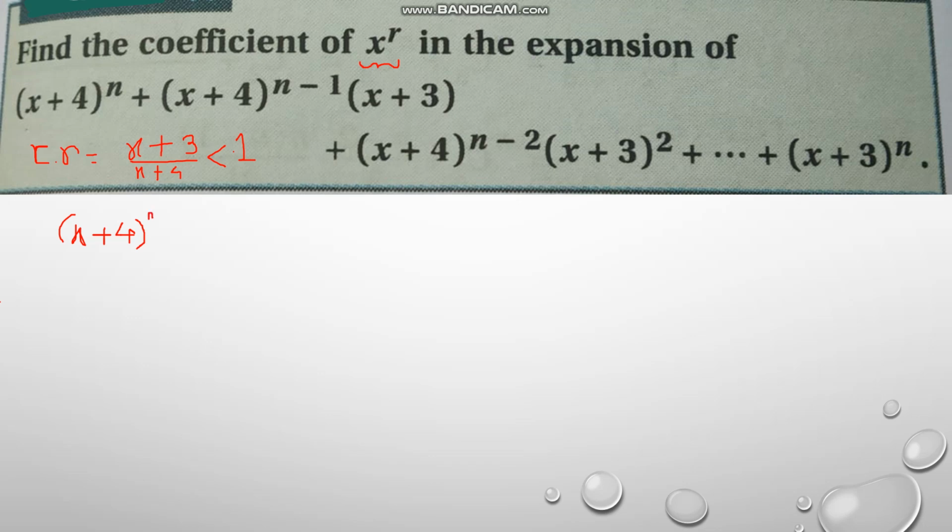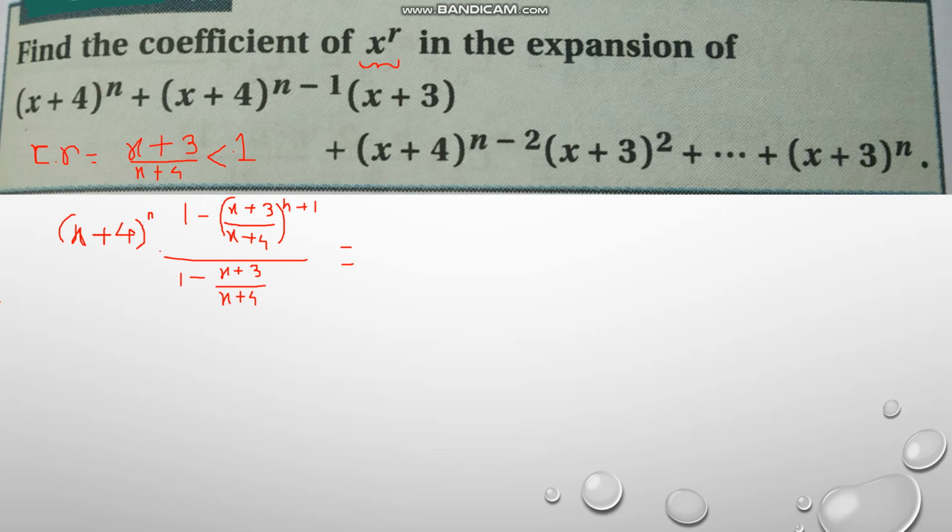Okay, x plus 3 by x plus 4, all raised to the power n plus 1, divided by 1 minus x plus 3 by x plus 4.